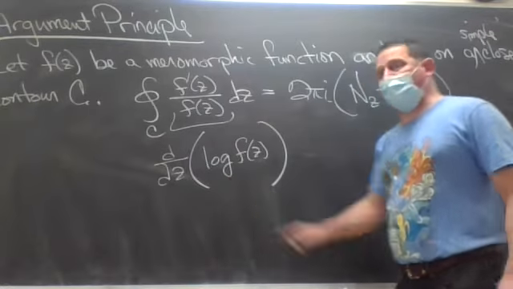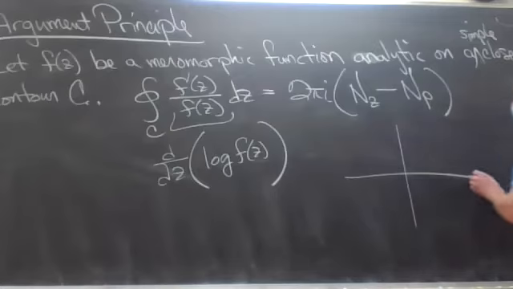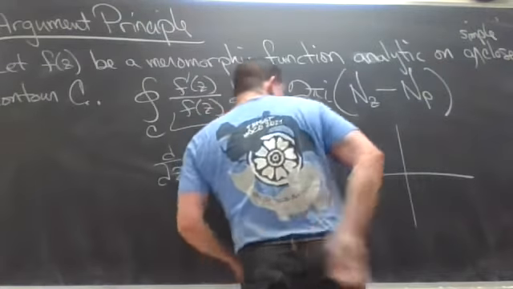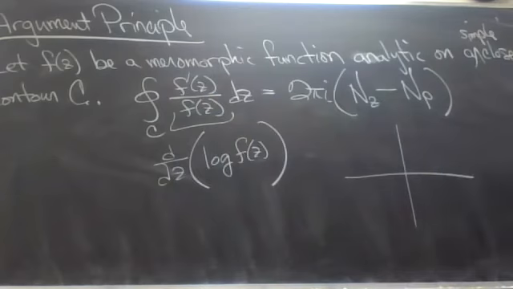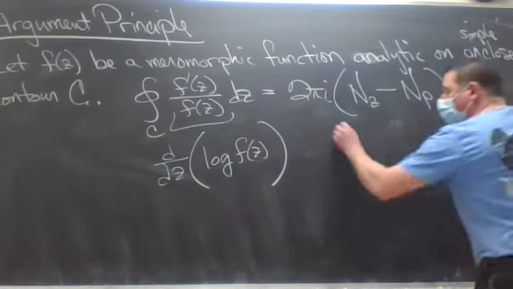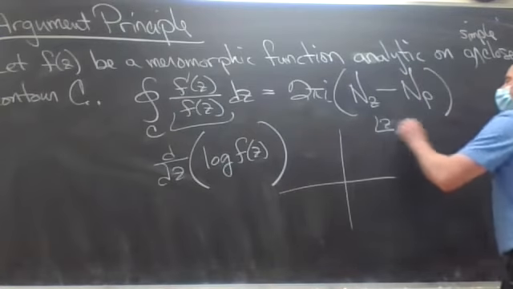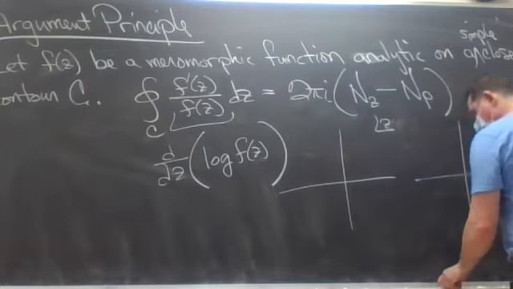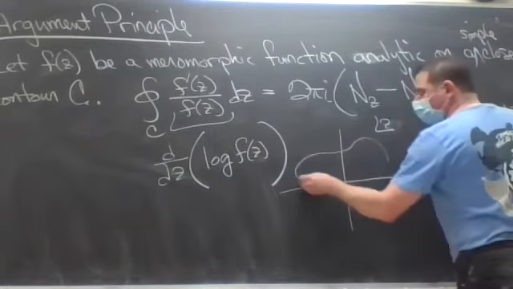And so what we want to imagine is that as we go around the closed contour, here, let me actually do this. As we go around the closed contour in the z-plane, we can ask what happens to f of z. Okay? So here's my contour in the z-plane.